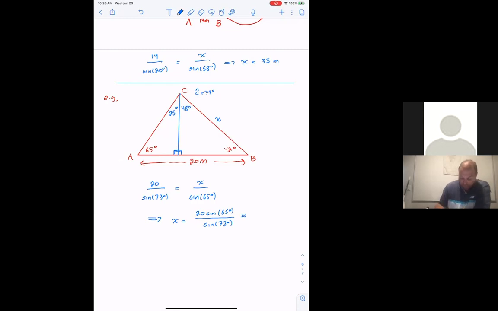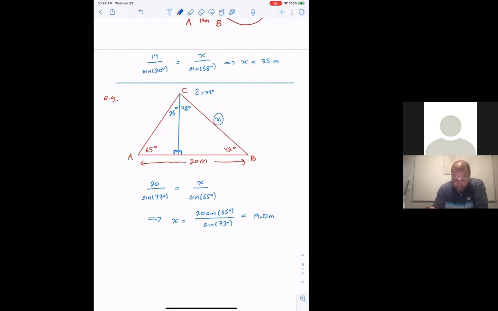That's approximately, it's a length, so we're going to use meters, 19.0 meters, approximately. Now that I know X, this is known at this point.